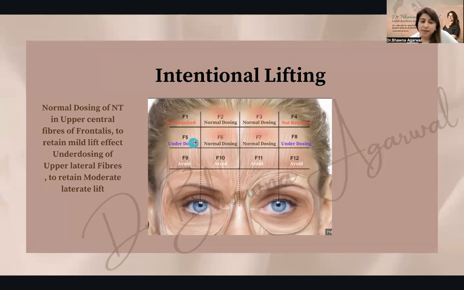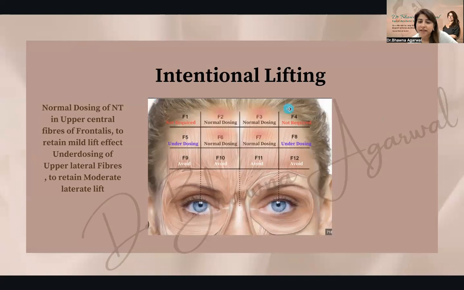But the upper lateral fibers, that is the quadrants F5 and F8, are injected at a lower dose as compared to the dose injected in the central medial fibers. This is how an intentional lifting effect is created.